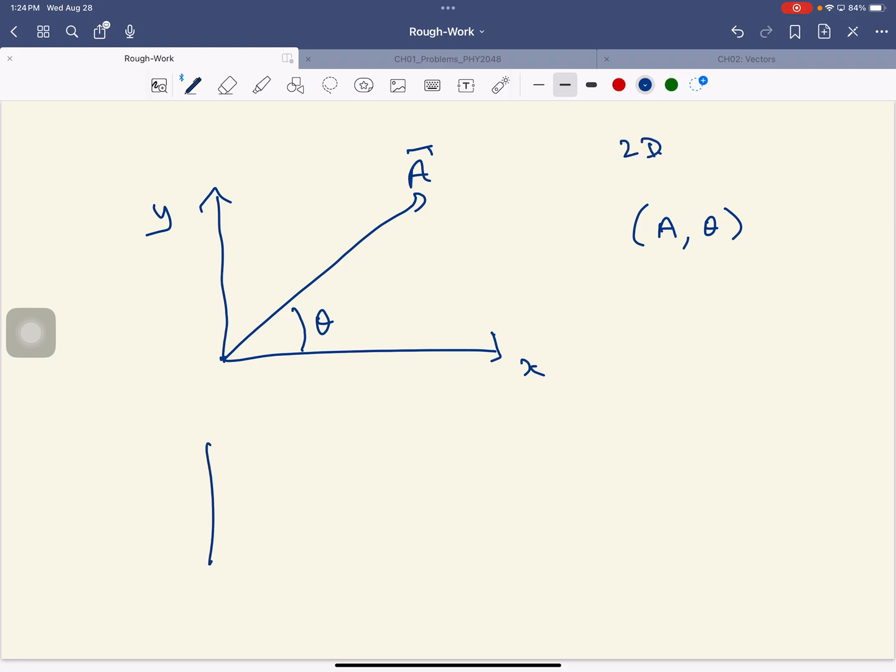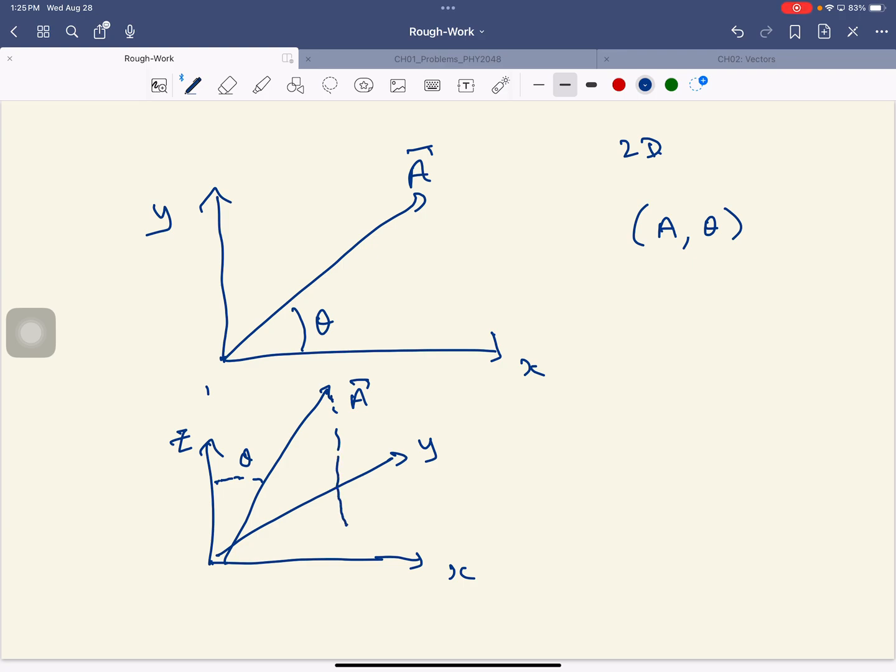Okay, let's do a 3D version. There are many ways to specify the directions, but the standard in physics is there's one angle, and then we'll project that, and this is the other angle that physicists like to do.